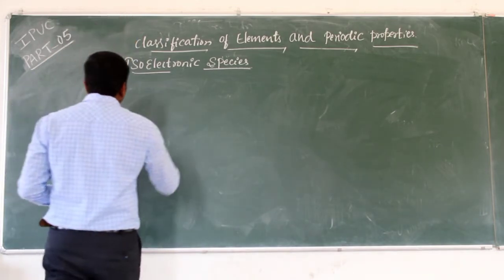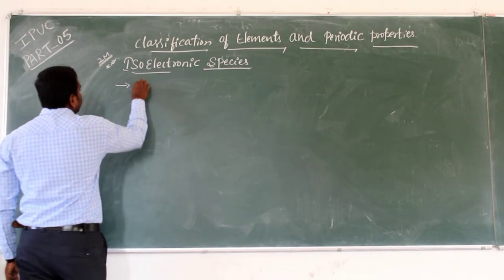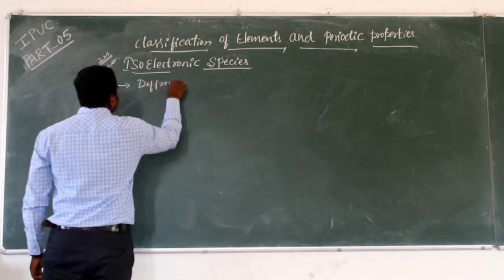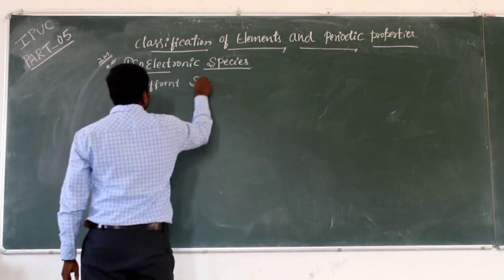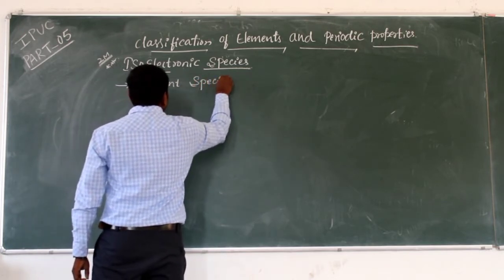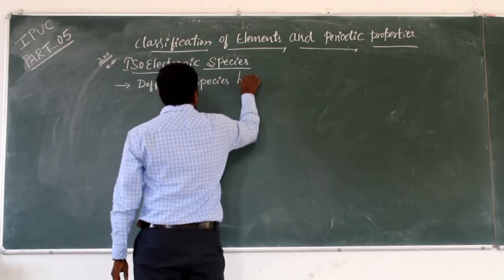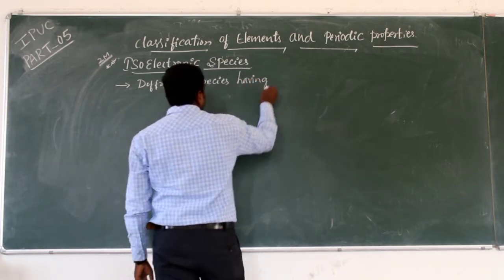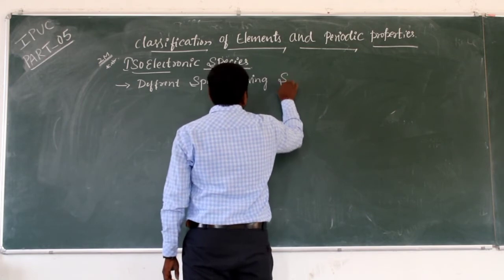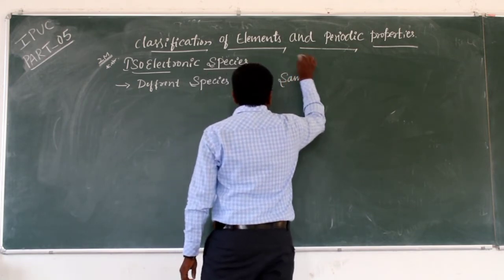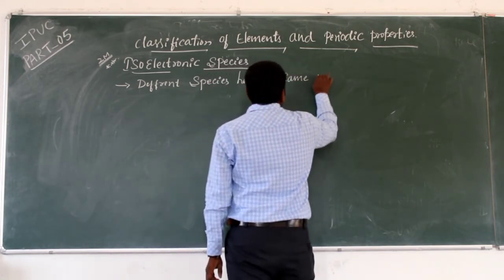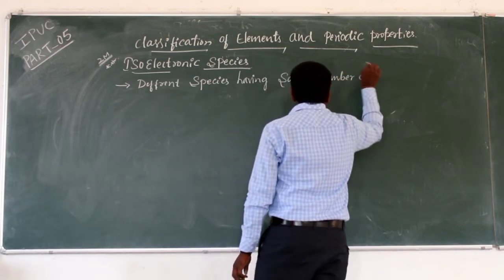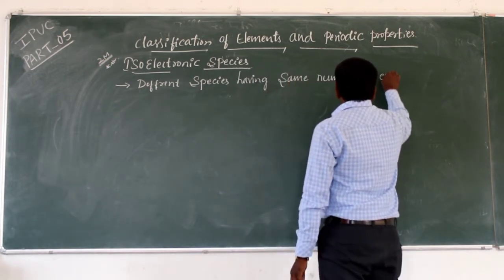See, isoelectronic species means different species having the same number of electrons.